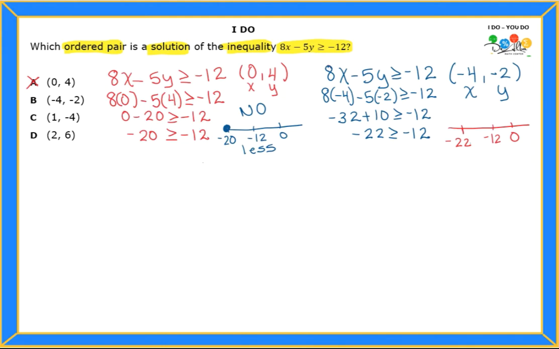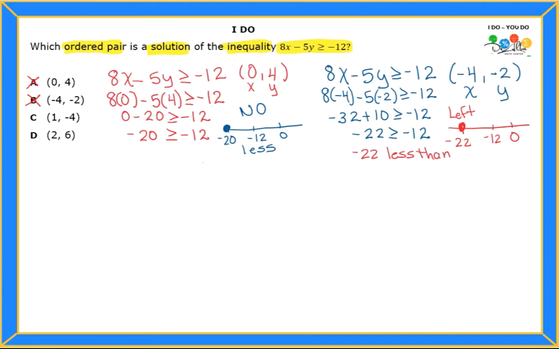What's greater, negative 22 or negative 12? Negative 12, right? Negative 22 is more to the left. So negative 22 is not greater. Negative 22 is actually less than. Very good. So can letter B be my answer? No, letter B cannot be my answer.